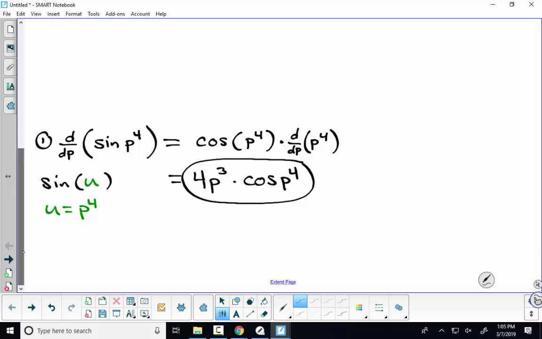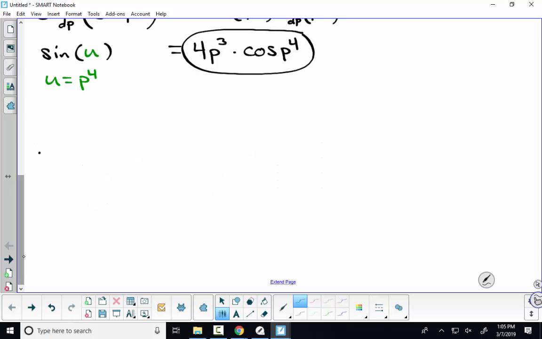And then the other derivative that showed up from our product rule was, what was it? P plus pi to the fifth. What rule is involved here? Another chain rule.